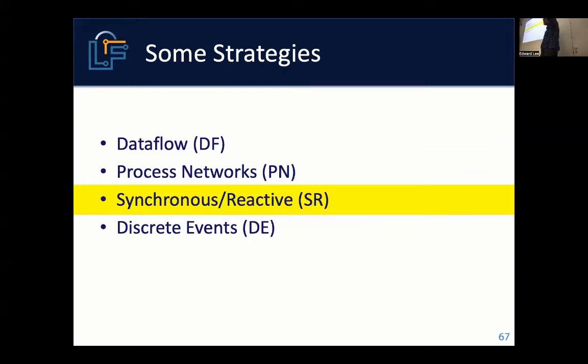And interestingly enough, Paul Caspi was the author of the Lustre language, and he called his language a synchronous dataflow language and published the first paper on it the same year that I published my PhD thesis on synchronous dataflow.